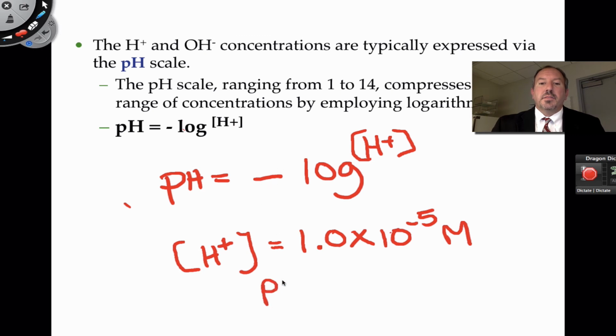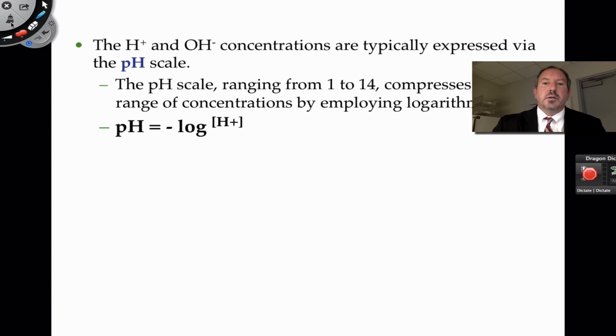So the pH is 5, which is acidic. Okay, so you're like, wait a minute, all I need to know is the hydrogen ion concentration, and I'll know the pH. Yes.